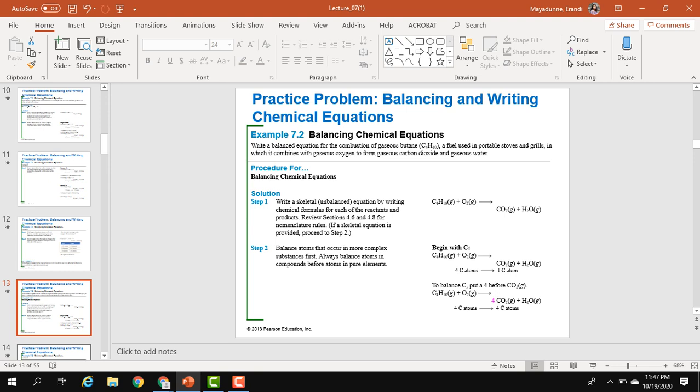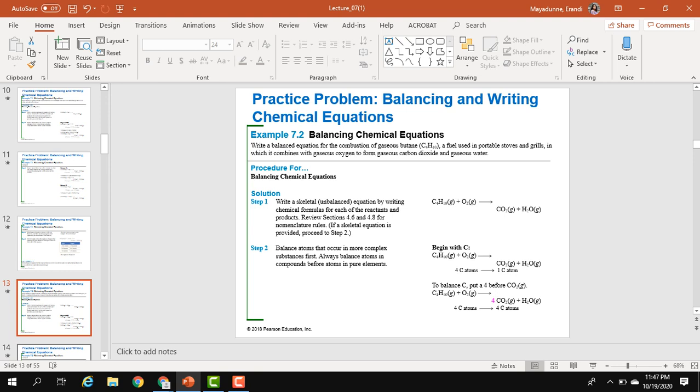Combustion is burning. Burning always requires oxygen, and the products are carbon dioxide and water. If a reactant has carbon and hydrogen reacting with oxygen, that always means burning, and it produces carbon dioxide and water. Then you need to balance this.